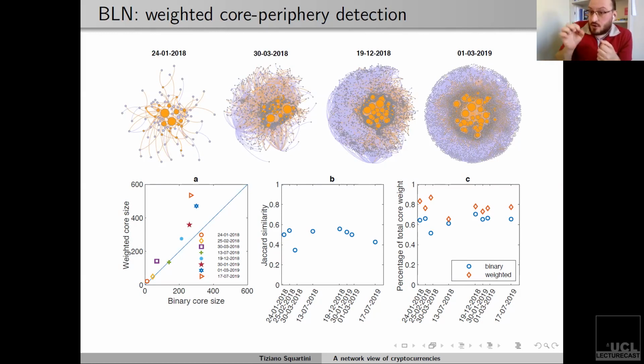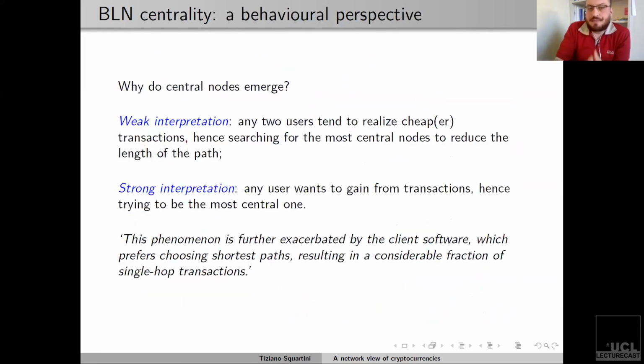That there are nodes with not so many connections that make heavy transactions, that exchange a lot of money. So the size of the weighted core is rising. And there is a kind of overlap between binary and weighted core, where the Jaccard similarity is, let's say, 60%. So there is a superposition of these two kinds of cores.